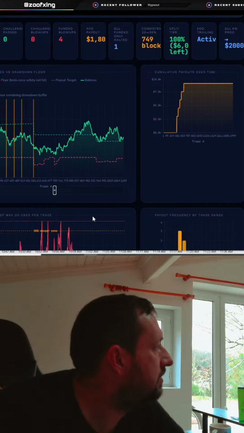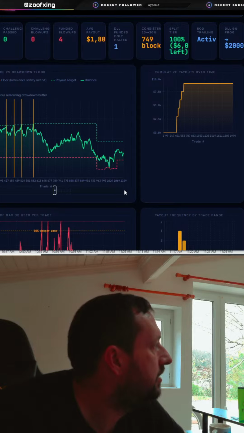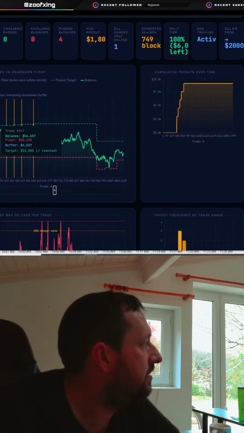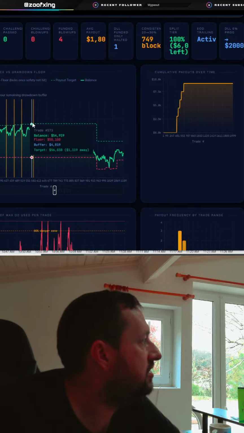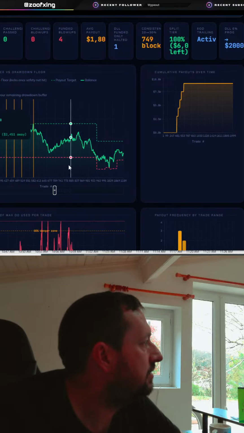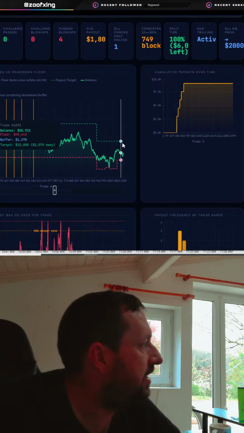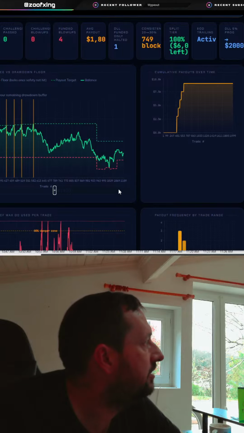Let's zoom in. There we go. So you can see the buffer changing, although your drawdown doesn't change, right? Because you've funded. That profit target is slightly changing every time until here when you bust the account, and then obviously you restart again and you end up with that same level.